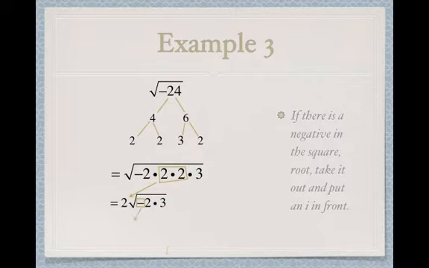So that i is going to go right after the 2. Okay, so we have 2i square root of 6. The reason this is an imaginary or complex number is because you can't take the square root of a negative number using the numbers that we know of. So we have the i.